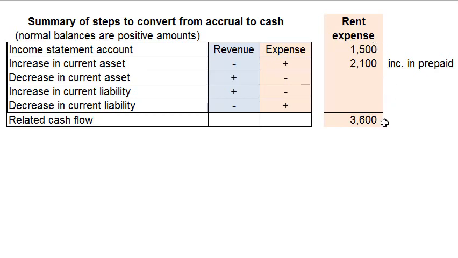Now notice that I'm using positive numbers here. So even though rent expense decreases retained earnings, I'm starting off with the standard presentation: if your rent expense is a normal positive standalone balance in the account, you reflect that as a positive number.